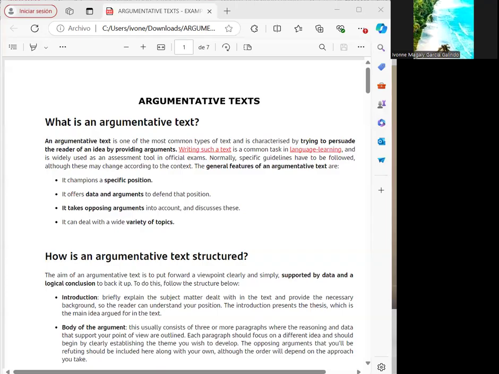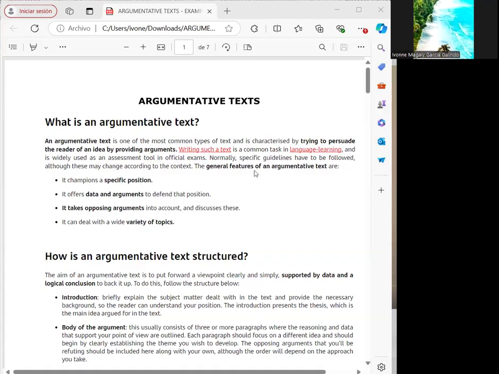So it is important to understand that I'm trying to persuade others about a point of view I have on a subject. And that's why I have to provide arguments. So here, this is like the general meaning of an argumentative test.